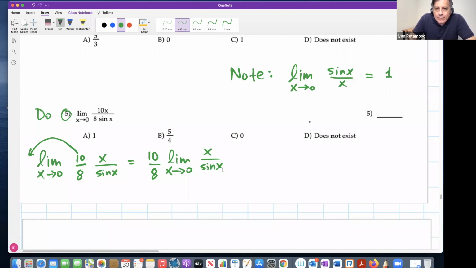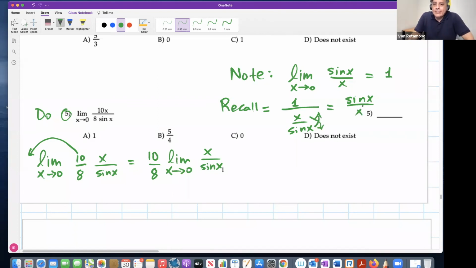Well, guys, remember in algebra, 1 over x over sine of x is just sine of x over x. When you divide by a fraction, you flip this fraction and multiply.